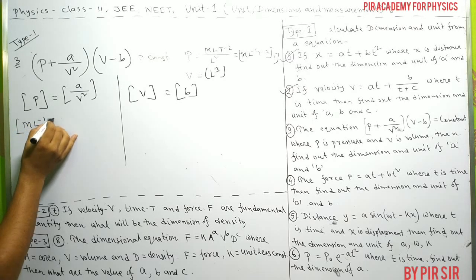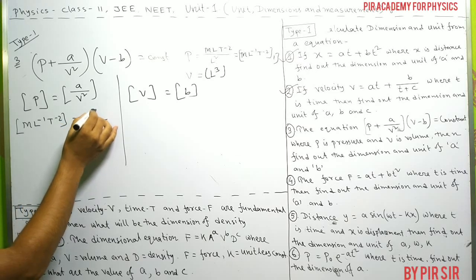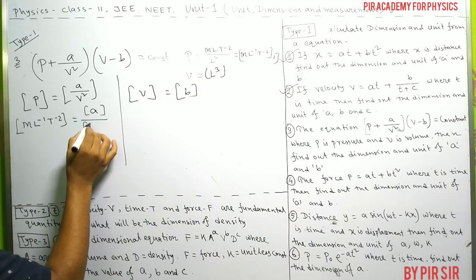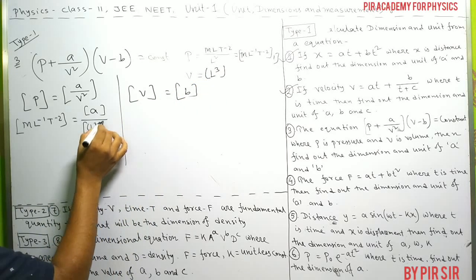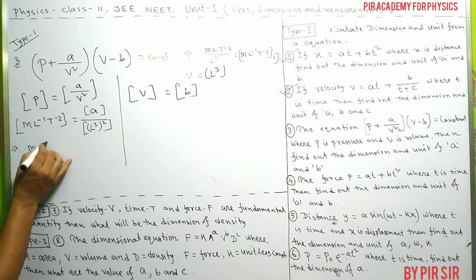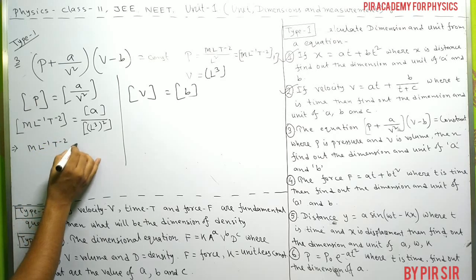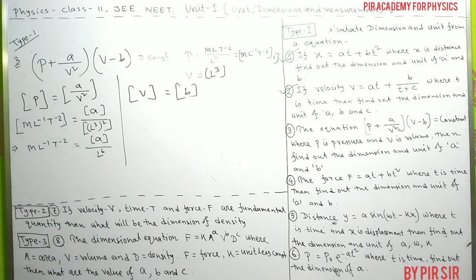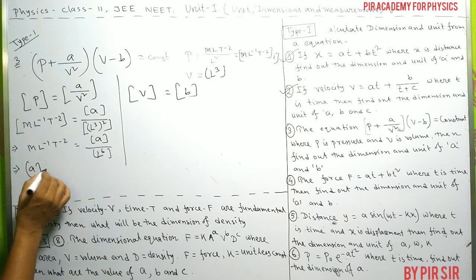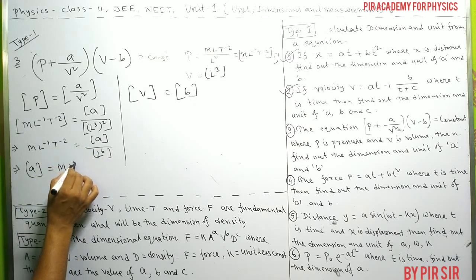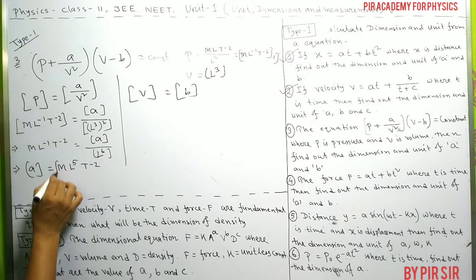And here you see that the dimension of P is M L to the power minus 1 T to the power minus 2, and the unknown quantity is A, and the dimension of V square is L cube square, that means this will be M L minus 1 T to the power minus 2 equals this by L6, because L cube squared means L to the power 6. So the dimension of A must be M L to the power 6 minus 1, that means 5, and T to the power minus 2.